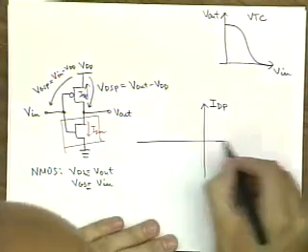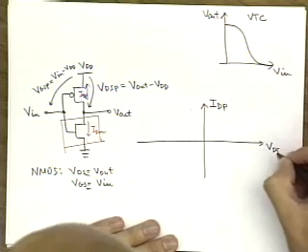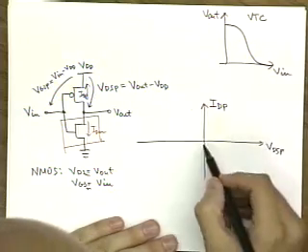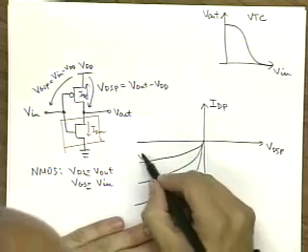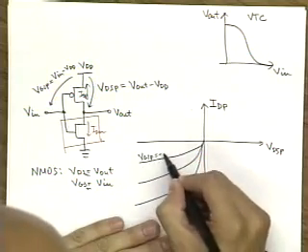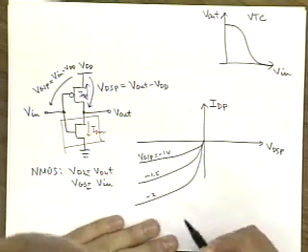For the PMOS, we have VDSP, so basically all the values are negative. VGSP is equal to -1, -1.5, -2, and so on.